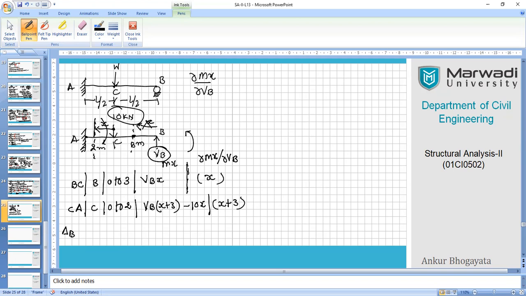So friends, now what you have to do is use that old equation, delta B, right, equals to, because this is a point of interest, right? So delta B should be minimum, should be 0, right? So it should be equated to 0, 1 upon EI, taking this segment-wise, 0 to 3.